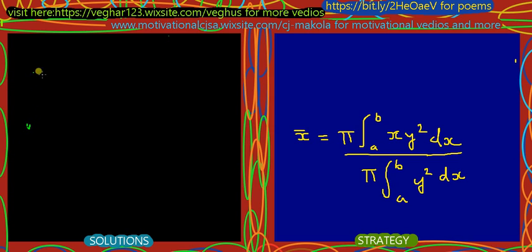When they ask you to calculate the center of gravity, how do they specify whether it is this x bar?